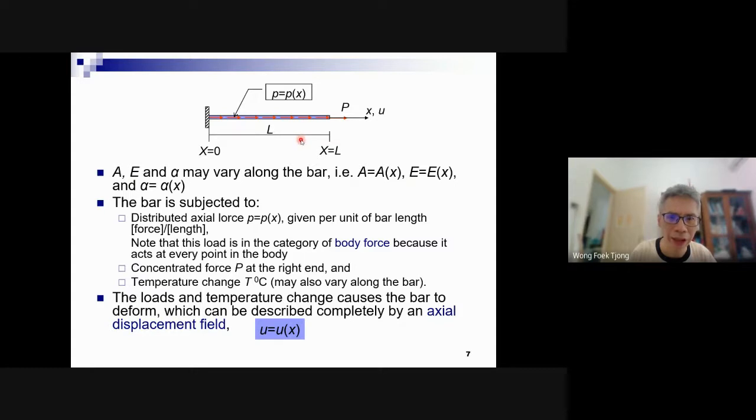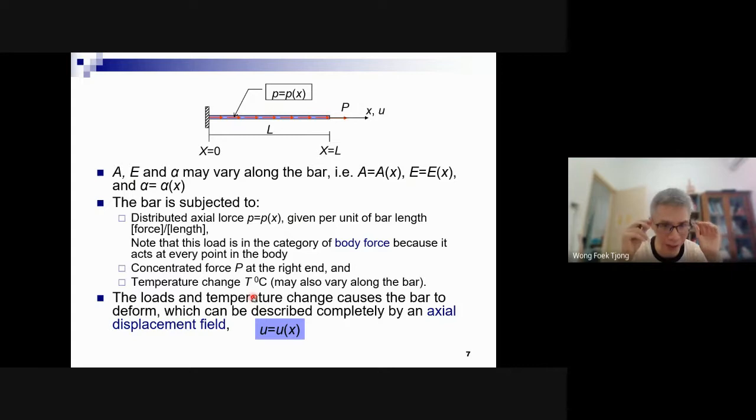And then let's say the bar is subjected to force. This is axial distributed force. I think this was not yet included in the previous one, but now I include it. Axial distributed load, the unit, of course, is force per unit length, and then a concentrated force at the right end, for example, and then also the temperature change, T degrees Celsius. Please notice this is not the temperature of the bar, but the temperature change.